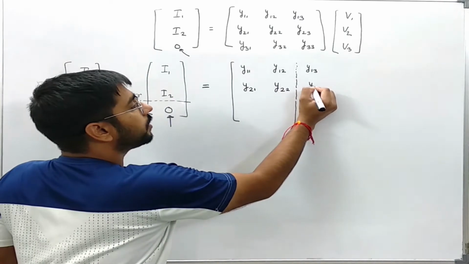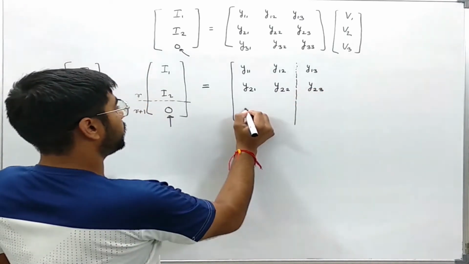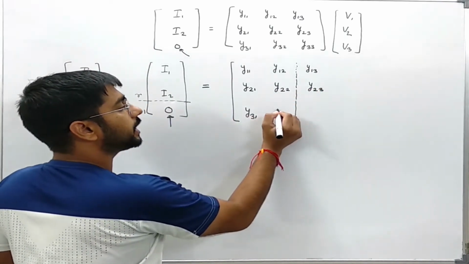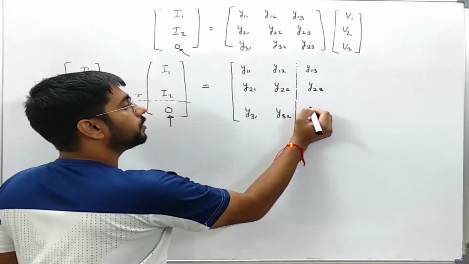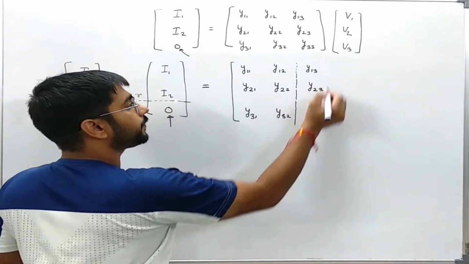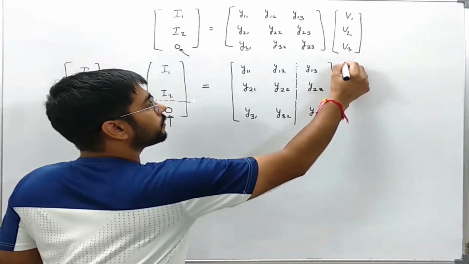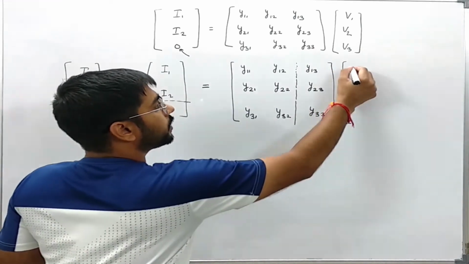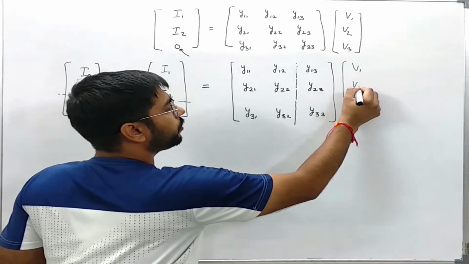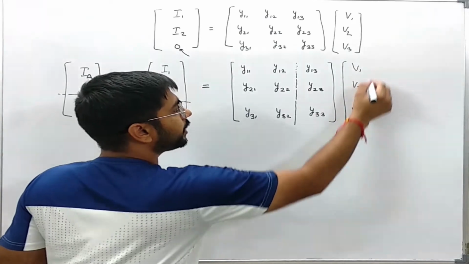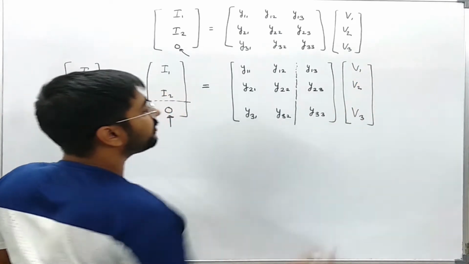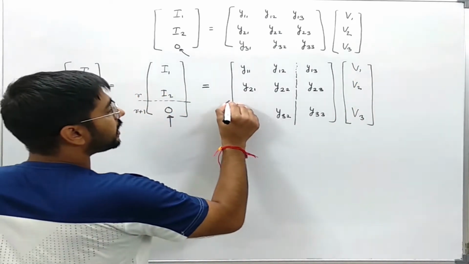y22, y23, y31, y32, y33, times v1, v2, v3. Now let me draw another horizontal line like this.